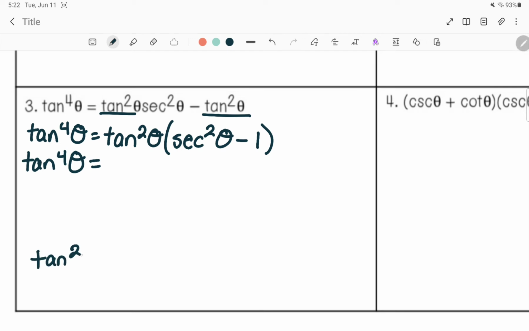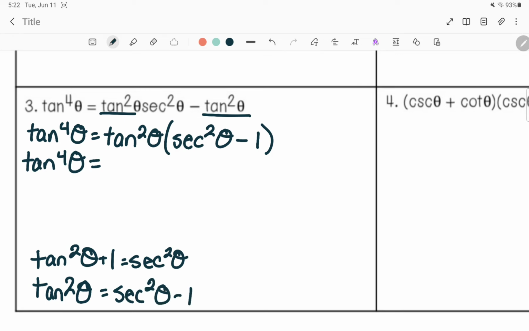It says tan squared theta plus 1 equals secant squared theta. If I rearrange this a little bit, what if I subtract 1 from both sides? Then it turns into tangent squared theta equals secant squared theta minus 1. So now you see this matches what we have up here.